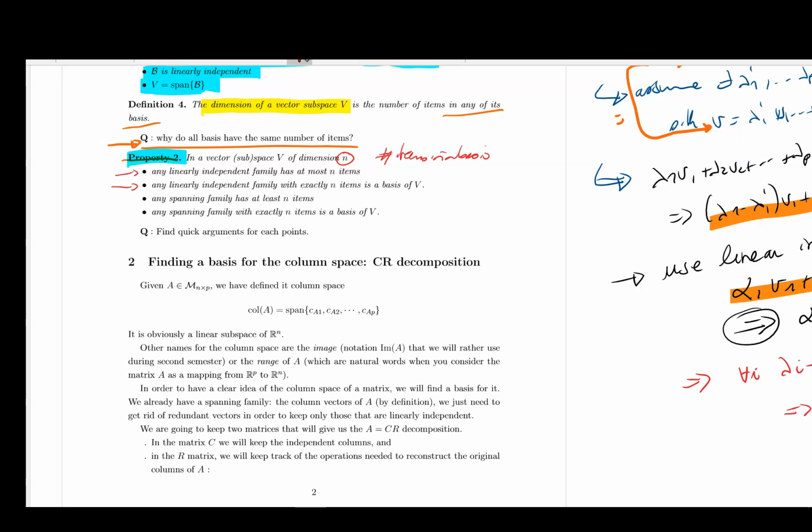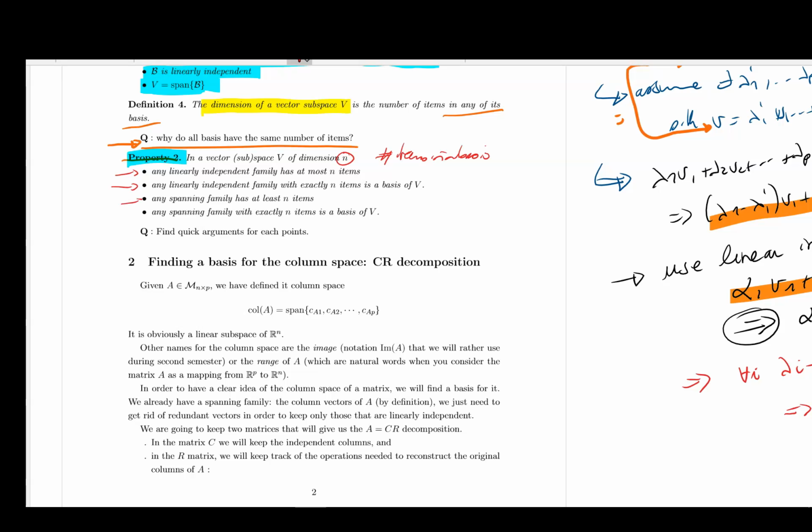All right, and a spanning family has at least n items. You have to be able to reach all the items in your vector space with the linear combinations of your family. So you need at least as many items as in a basis. That's the idea.